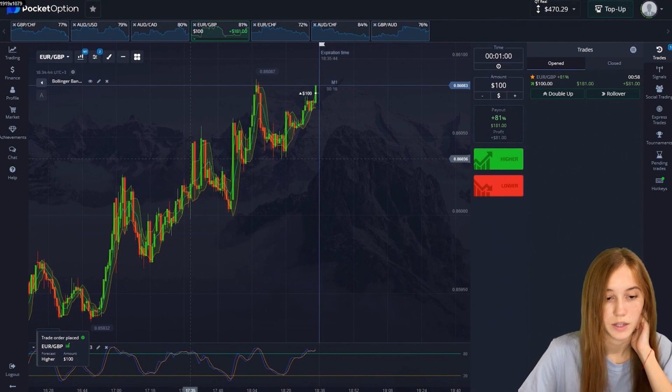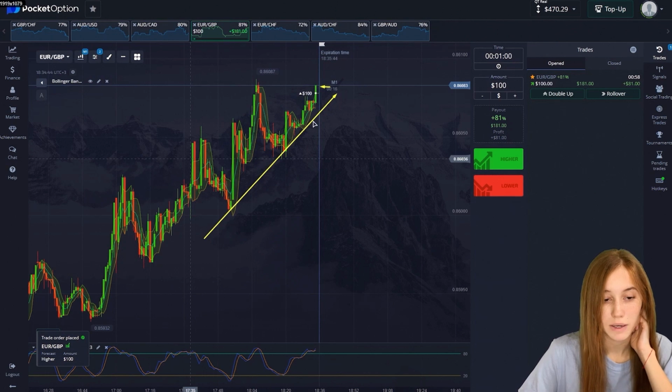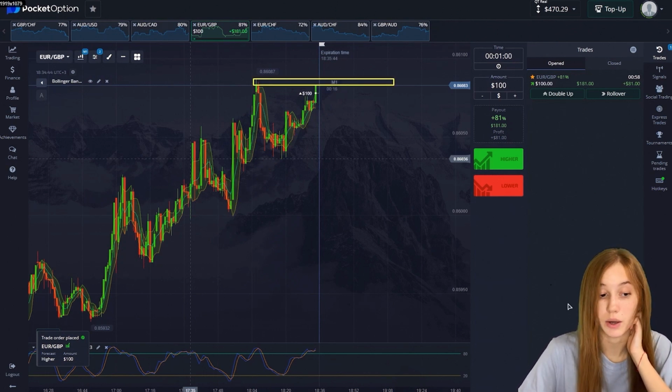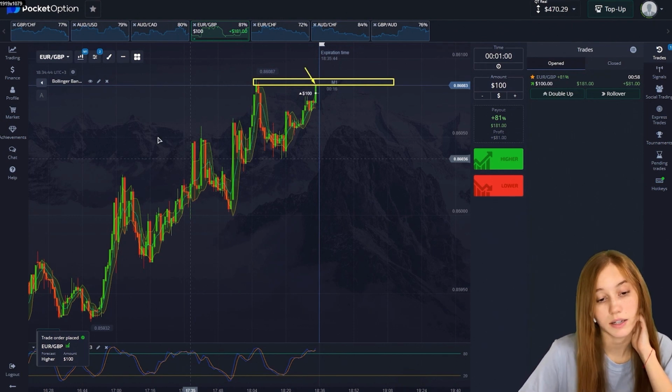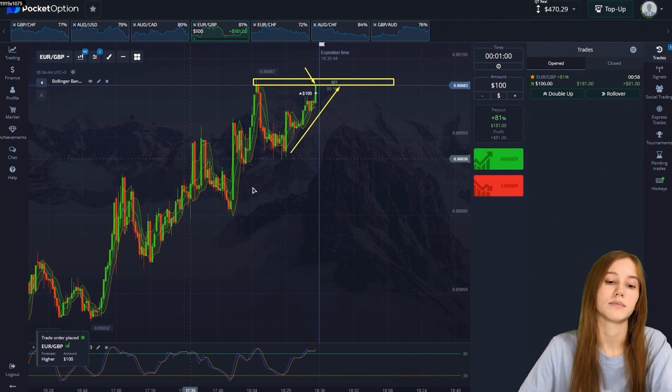Bollinger Bands says it's going up, and stochastic is also in the upper position. Too much growth is happening on our chart. 3 seconds left. And the deal closed with a plus, good. That's nice. Our balance is $651.